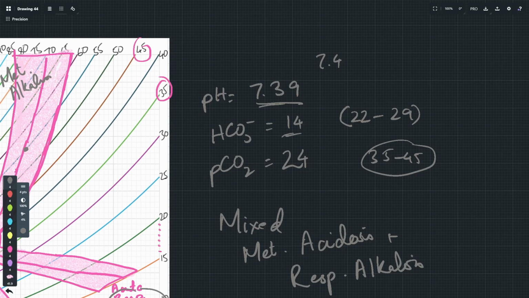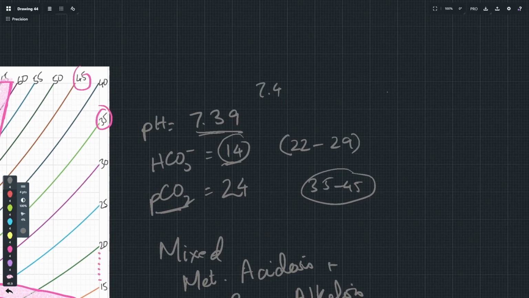It is 7.39, so it is more on the acidotic side. So which is bringing it towards acidosis? This is bicarbonate, the alkali reserve, which is low. It's not that PCO2, the acidic gas, is higher, right? So one thing is clear, that there is metabolic acidosis.